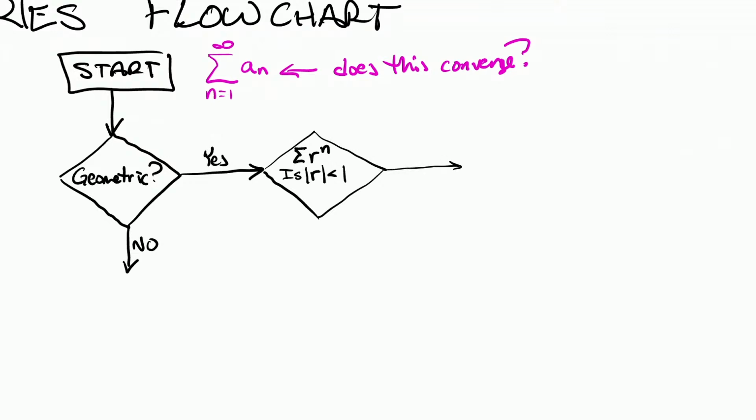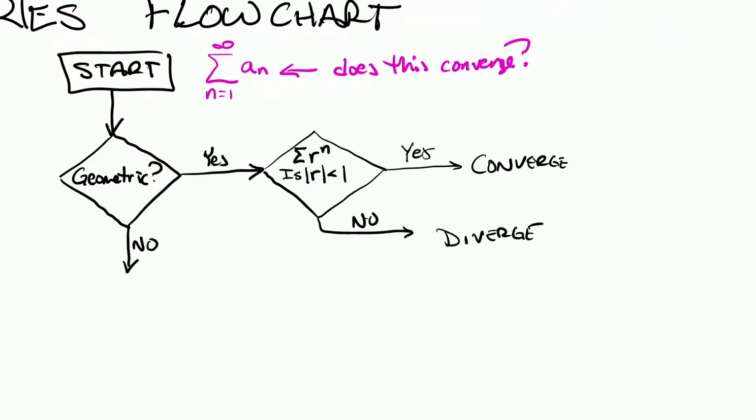And so if it is yes, then you converge. And if it is not, I'll put it here. No, then you diverge. So this is old stuff. You're used to this.